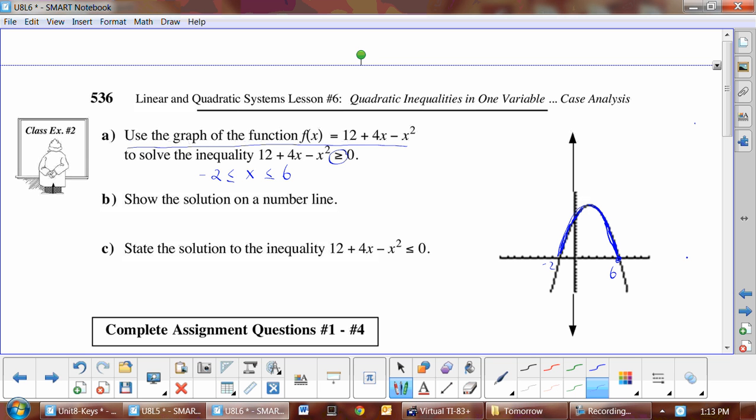Okay? If it's a long answer, we know that we would want to factor this algebraically. So we'd go -x² plus 4x plus 12. We'd go, okay, what plus what is equal to 4? And what times what is equal to -12. Awesome. So you get 6 and -2.